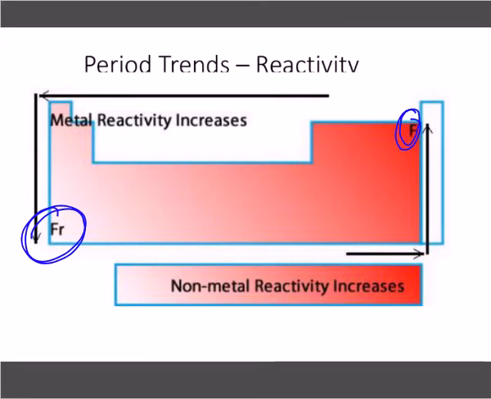All right, that kind of sums up all of our trends. It's up to you now to know what they are and to find ways to remember them. Remember, the arms are one of the best things. What arm do we use? Using my left arm, what trend follows my left arm? Atomic radius. Which way do I start my arm, up and down or left to right? Up and down. For atomic radius, it's up and down, and then I drop it left to right.